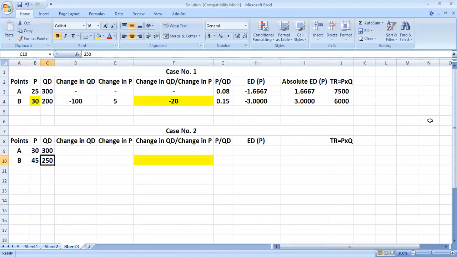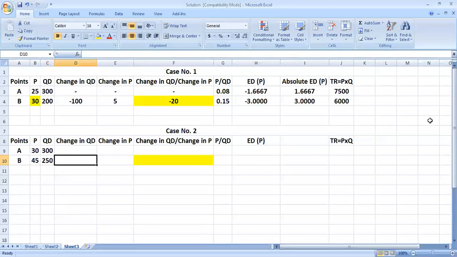It is decreased slowly. It is not decreased as much as the price is increased, right? So the consumer is responding to the increase in price by cutting down its quantity demanded, but the response from the consumer side is quite slow. It is quite less, right?